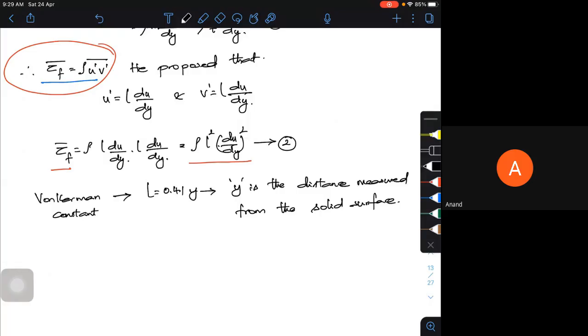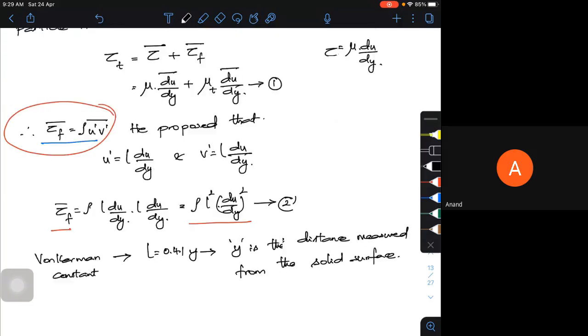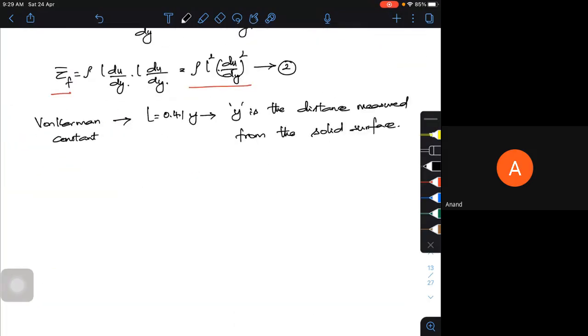And if I substitute this in equation number 1, what will happen to your tau? Equation 1 becomes tau is equal to mu into (du by dy) bar plus rho into L square into (du by dy) square.